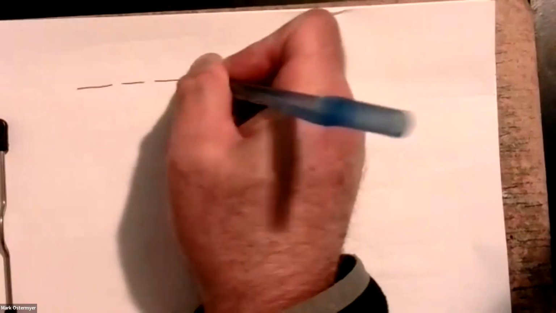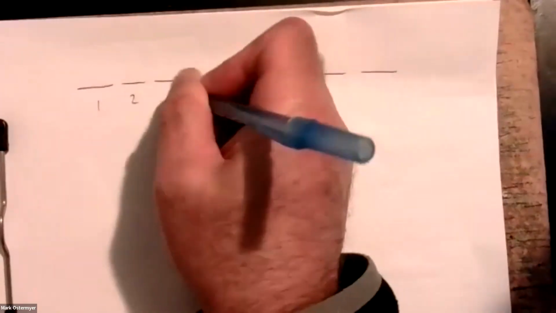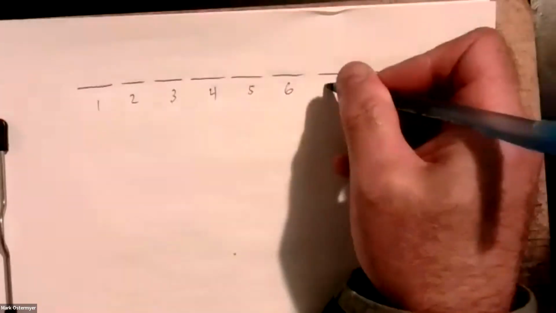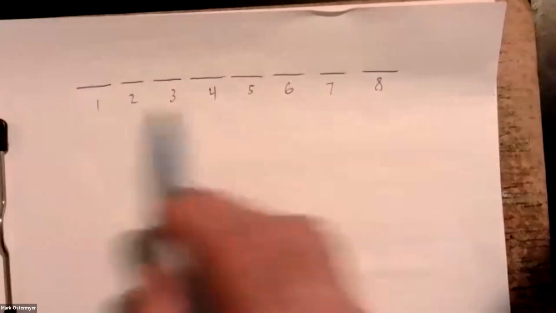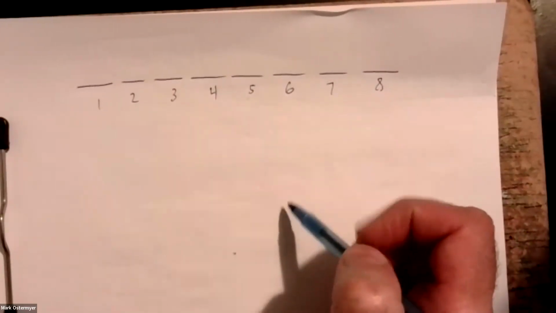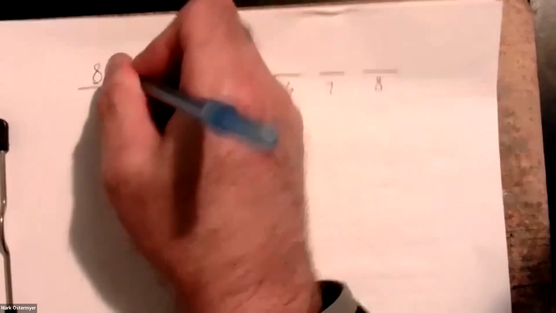Because again, think of it as being like 8 chairs, 2, 3, 4, 5, 6, 7, 8. How many different ways can I seat these 8 people in these 8 chairs if these chairs have a distinction between each other? They're not the same arrangement. Well, how many ways can I populate with 8 people the first chair? There's 8 ways because there's 8 people to choose from.